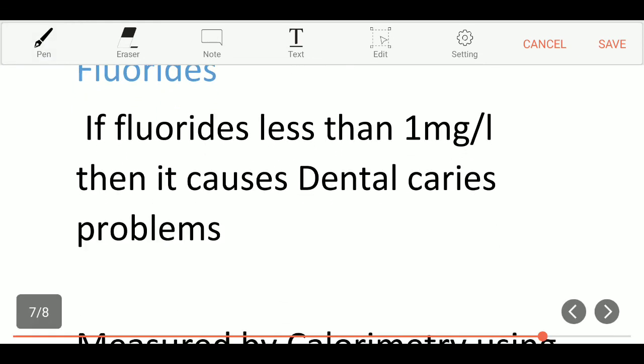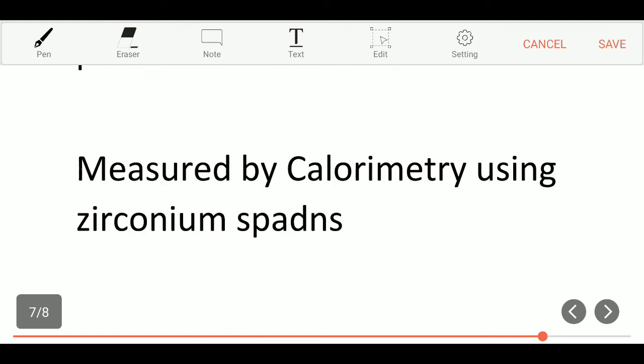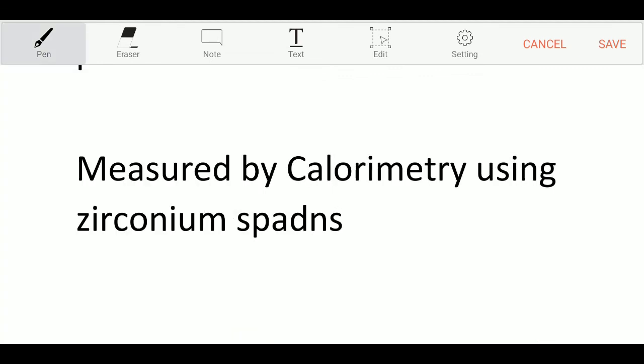As well as if nitrates are greater than 45 milligrams per liter, then it causes a disease known as methemoglobinemia, that means blue baby disease. It is measured by colorimetry using zirconium spades.